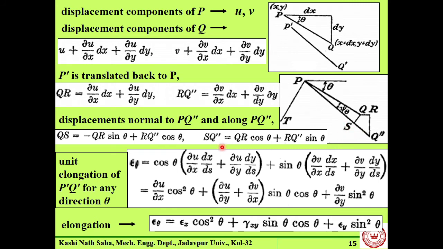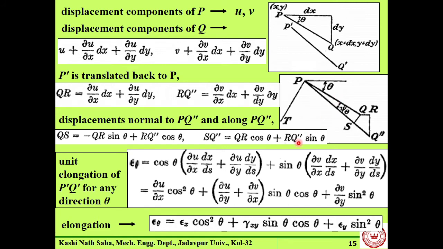So that is our epsilon theta, is it not? Normal strain epsilon for this particular angle theta, epsilon theta. So this is SQ double prime divided by PS, that means divided by PQ.